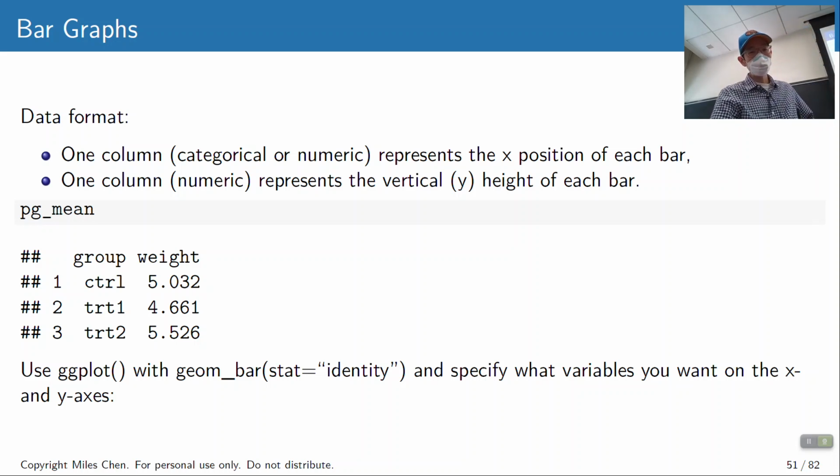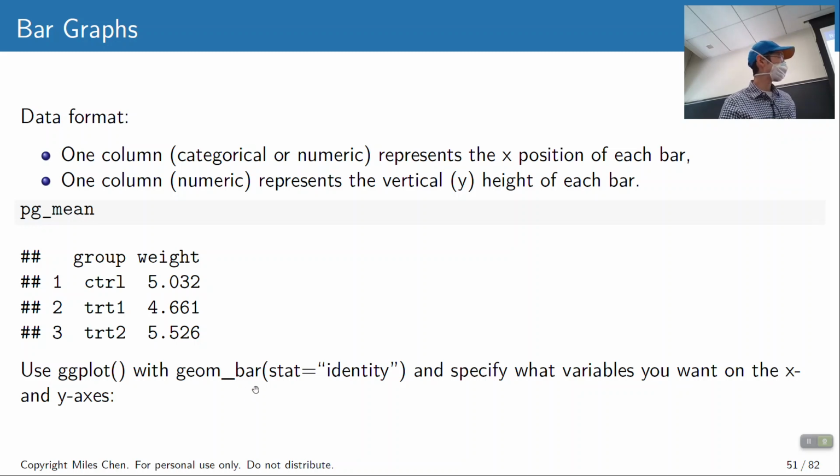Okay, so for bar graphs, here I've got this little table. I've got 3 groups: control, treatment 1, treatment 2, and then the values, 5.03, 4.66, and so on. And I want to create a bar where the height is this number, 5.03, 4.66, and so on.